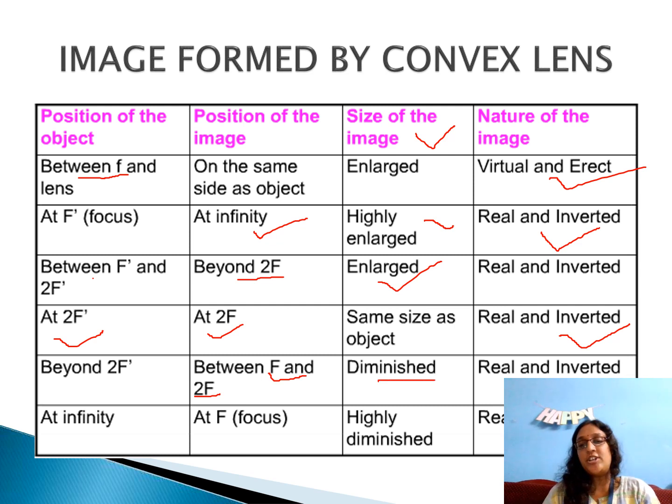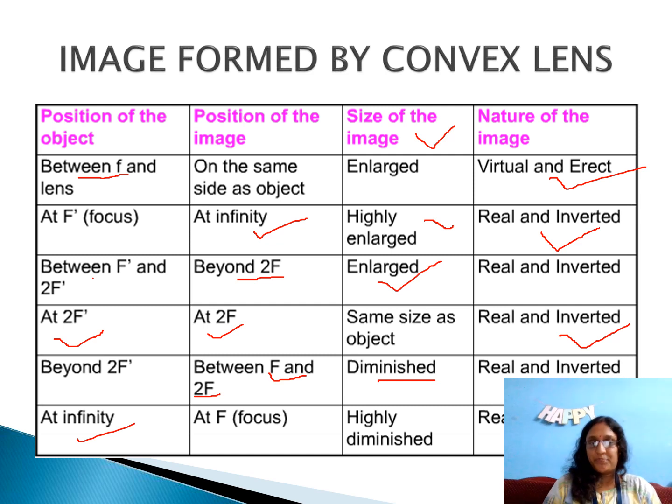Here also we are going to get real and inverted. And at infinity, if you are keeping the object, you'll get the image at the focus and it is highly diminished. Here it is also real and inverted.